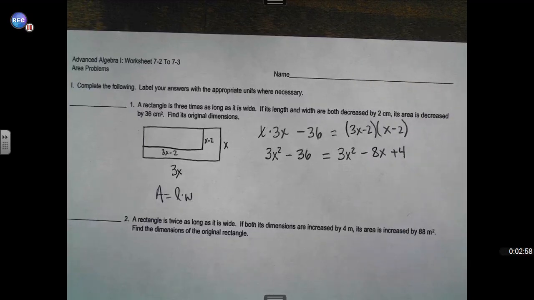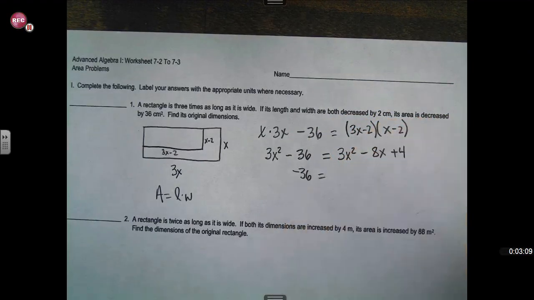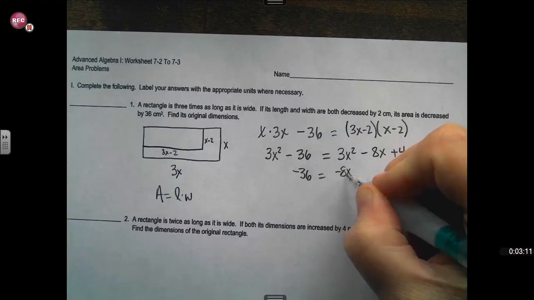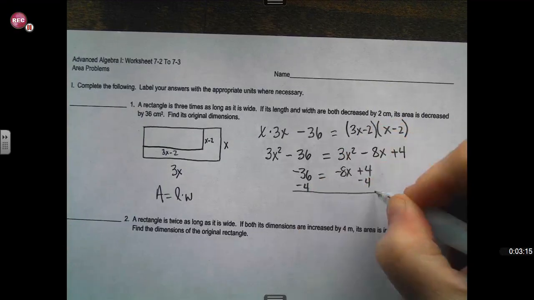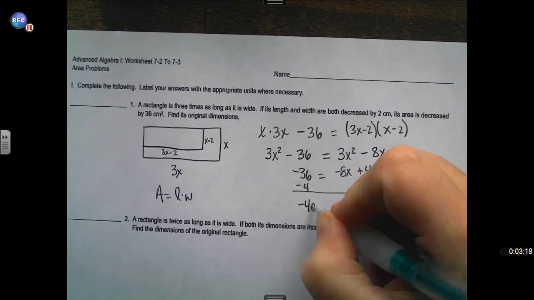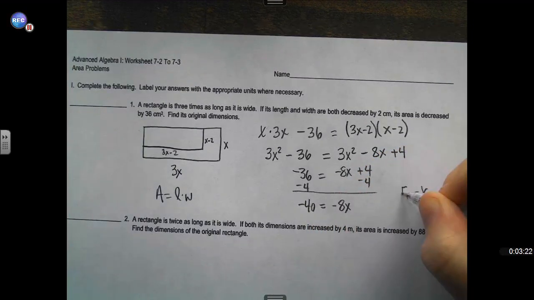Notice what happens to the 3x squareds. I can subtract and they drop out. And so I have negative 36 equals negative 8x plus 4. Subtract 4 from both sides. I get negative 40 equals negative 8x, and x is 5.